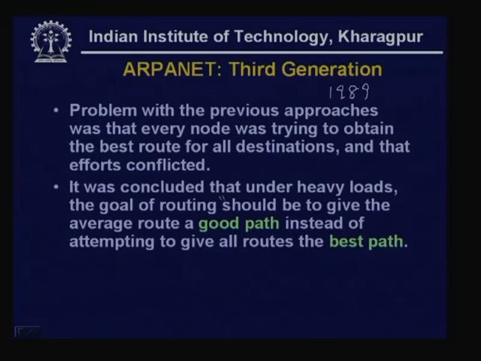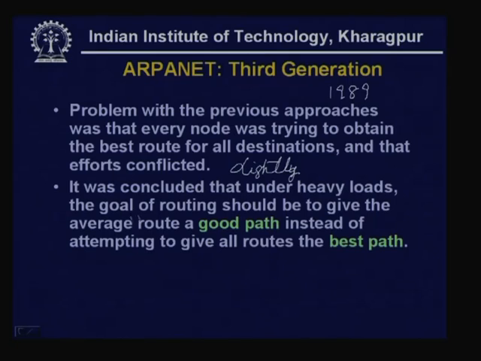It was concluded that whenever the network is lightly loaded, it works fine. However, under heavy load conditions, this best effort routing, or routing in the least cost path direction, does not work well.